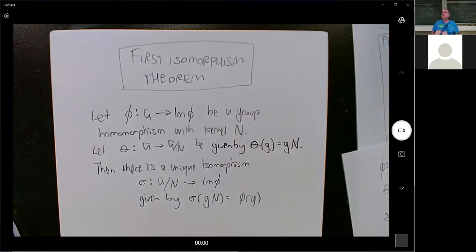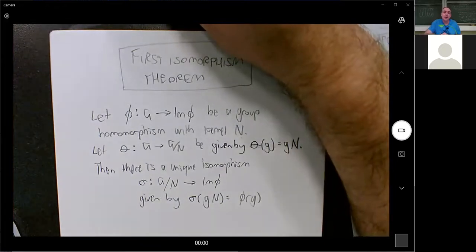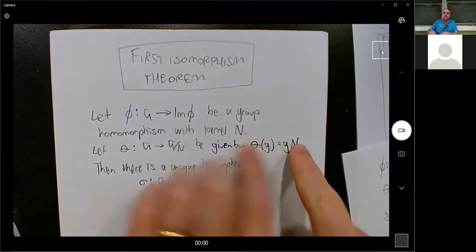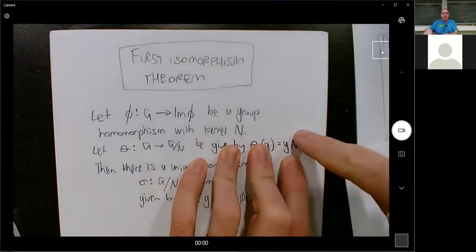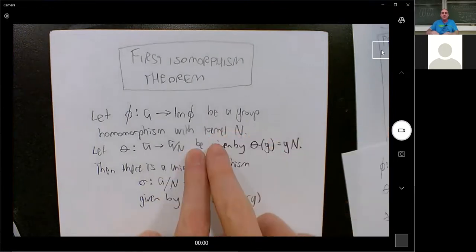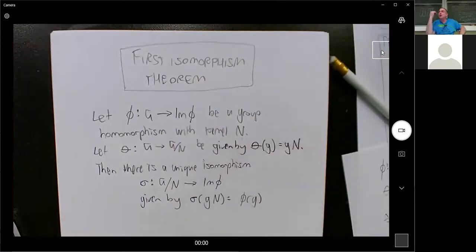Just copying what it said there. I've replaced this bit here, which says 'as in theorem 7.10', and replaced it with 'be given by theta of G is Gn', which seems to me to be almost the same number of letters. And I don't know why they didn't just say it that way in the first place. But anyway.